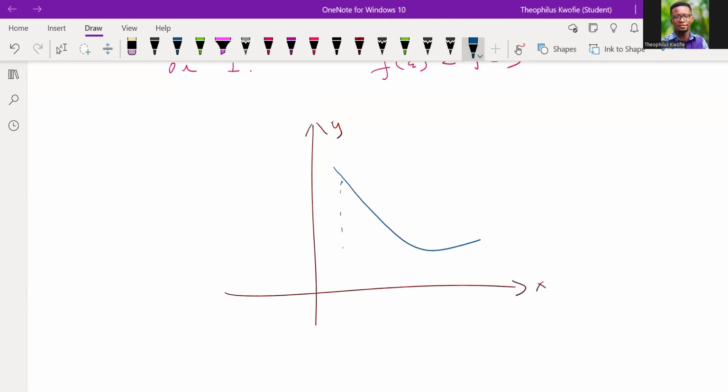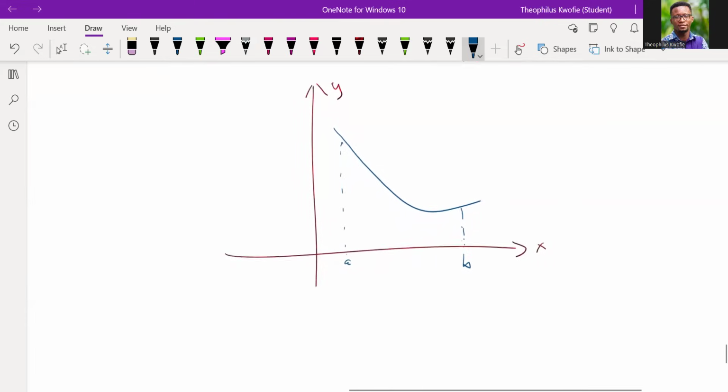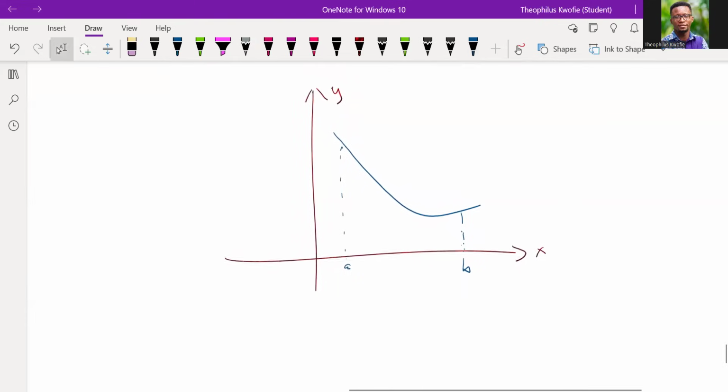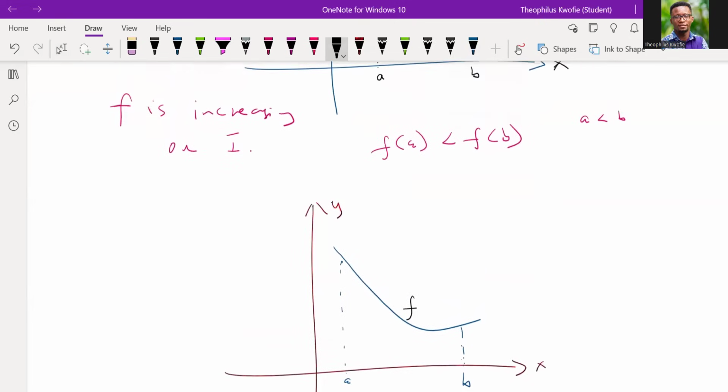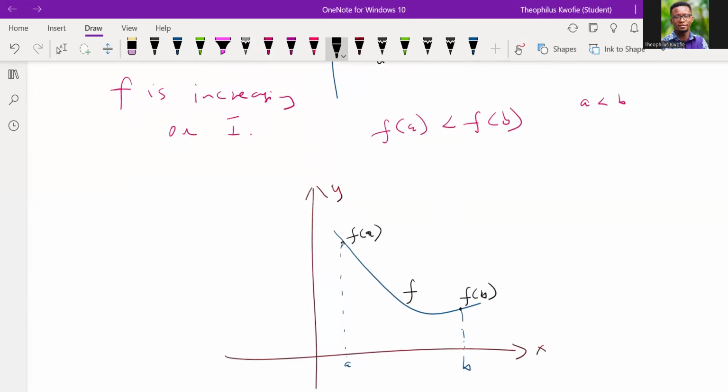Let's call this one a and this one b. This is the graph of the function f, and this is the value of the function at a, and this is the value of the function at b.